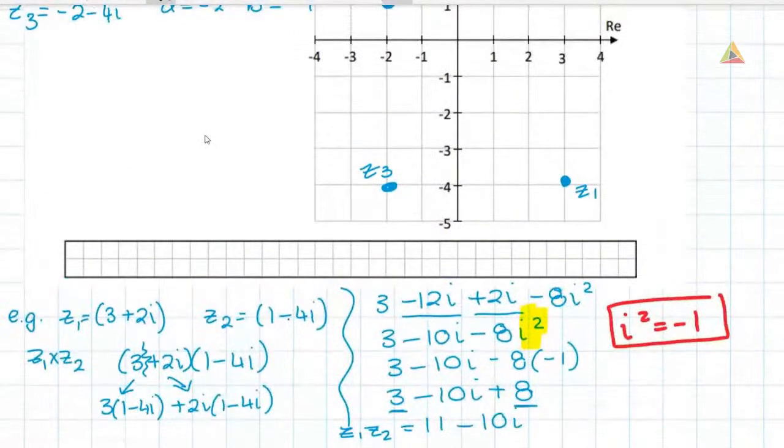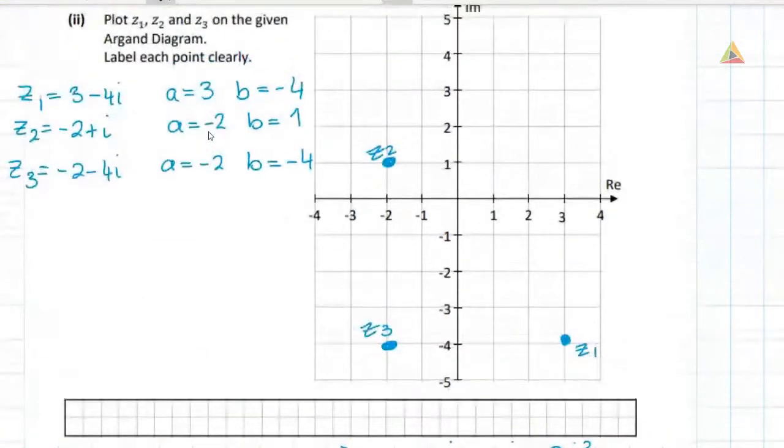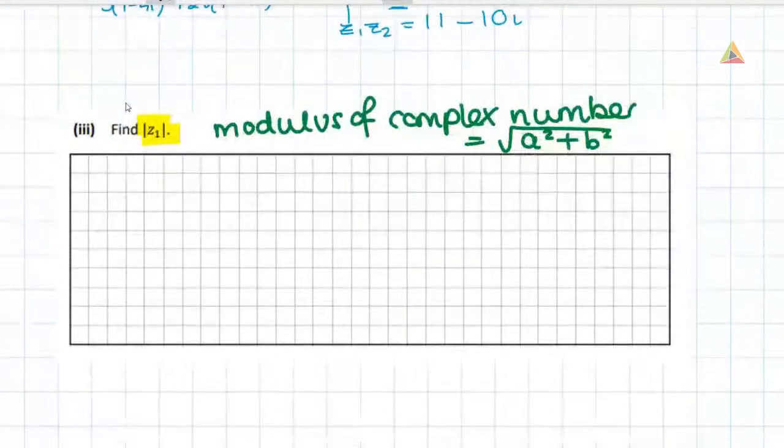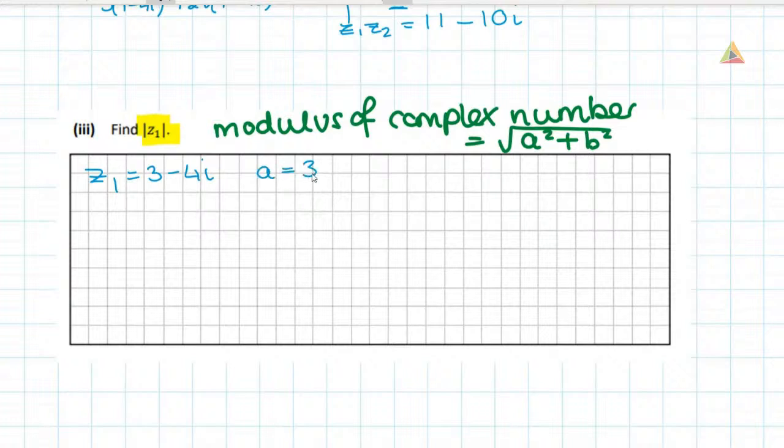For this question, Z1 was 3 minus 4i. So the real part was 3, and the imaginary part was minus 4, so b, the coefficient of the imaginary, was minus 4.